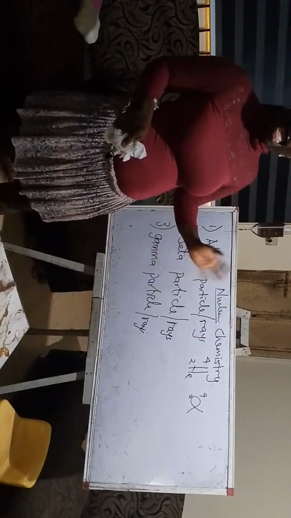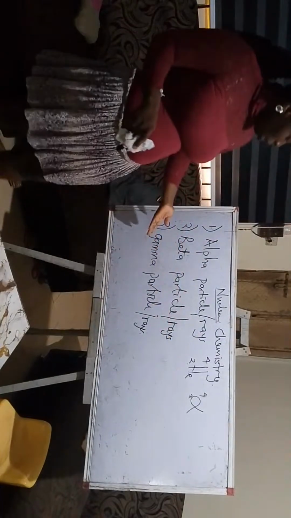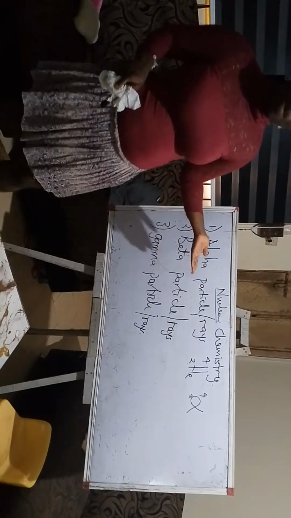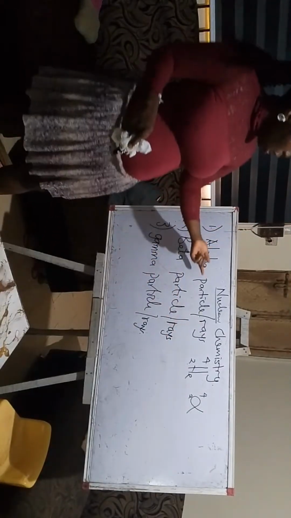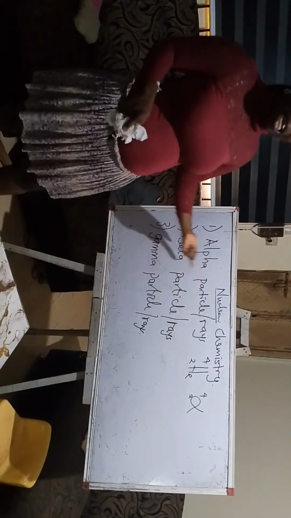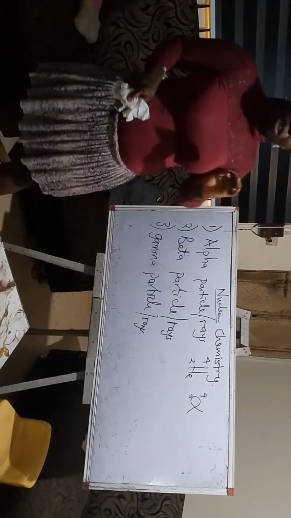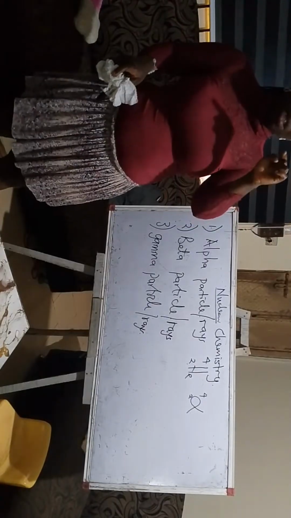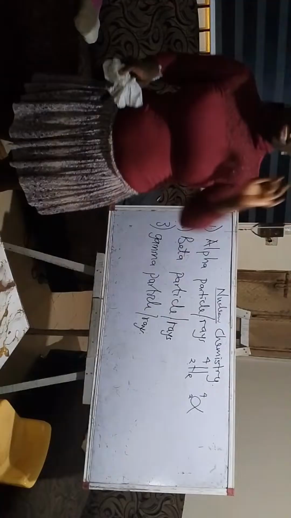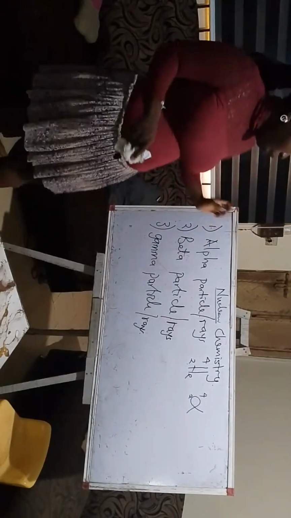It has a high penetrating power, but when you compare it to that of gamma, the penetrating power is less than that of gamma. But when you compare it to that of beta, it is higher than that of beta. The penetrating power means the rate at which the rays travel through a particular material. That is penetrating power.